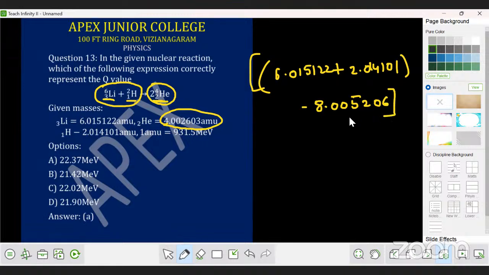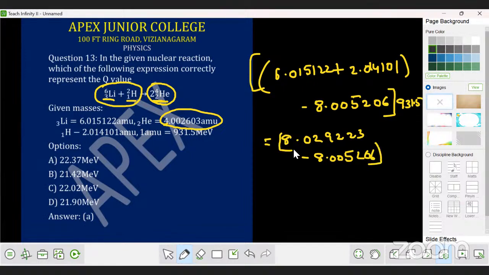And you have to calculate energy only, na? You have to multiply with 931.5 because E equal to mc square. Finally, by taking sum of these two values, how much you will get? 8.029223 minus 8.005206. Exactly, you have to calculate. It will take some time to calculate, but you should get the exact answer.